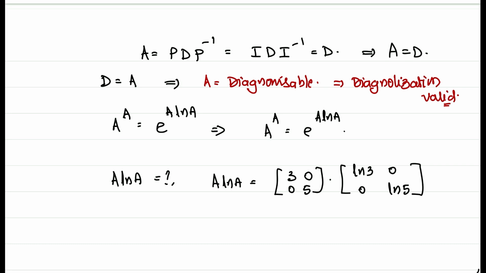For coming to this conclusion, to put the natural logarithm only on the principal diagonal elements, we have to check whether diagonalization is valid or not. If diagonalization is valid, then for the diagonal matrix we apply logarithms, because we cannot apply the logarithm to zeros: ln 0 is undefined.